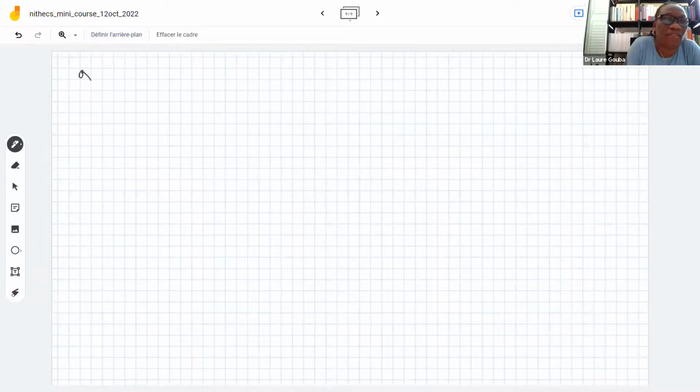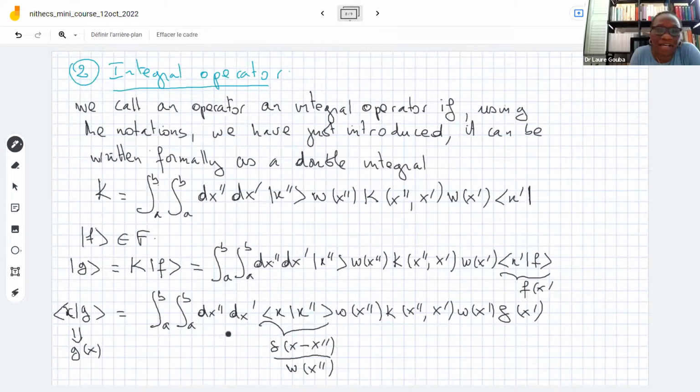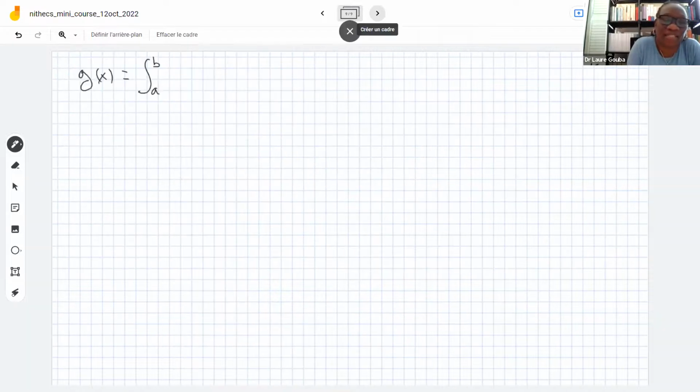We'll have then g of x is equal to the integral a b. Let's pull all variables depending on x prime to one side of the integral, and we remain with the other side of the integral depending on the second variable x second.